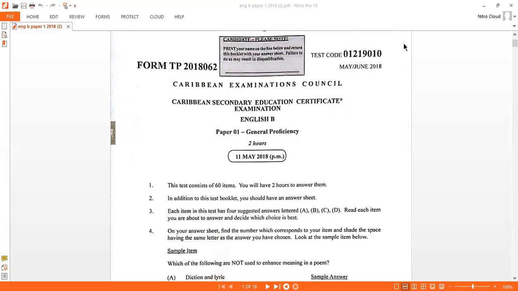If you are able to, then it makes interpreting the question and understanding what is asked of you easy. If you're able to do these 2 things, then be sure that you are on your way to doing well on the exam. We're going to jump into the paper.